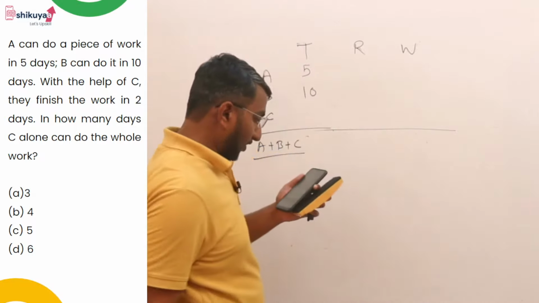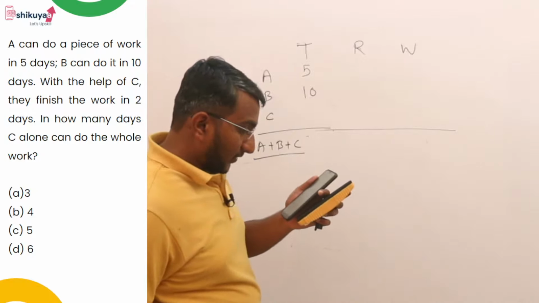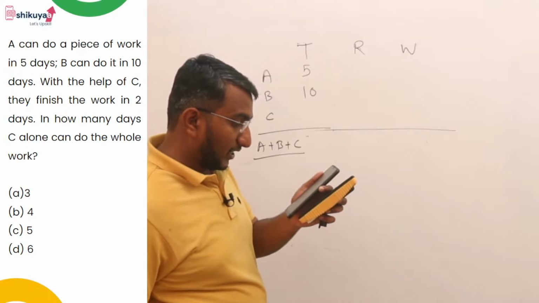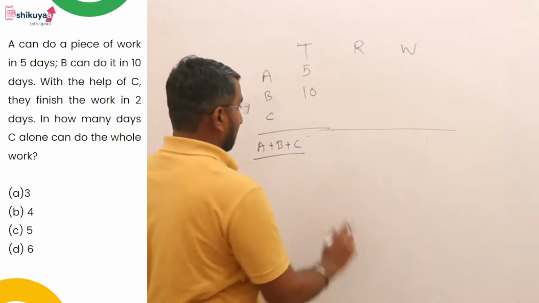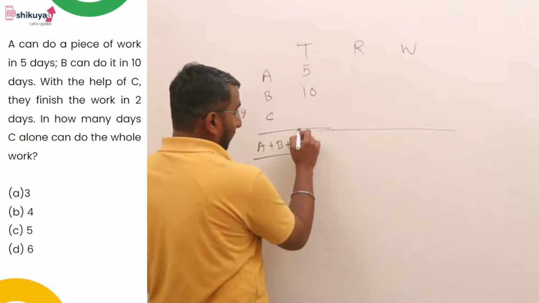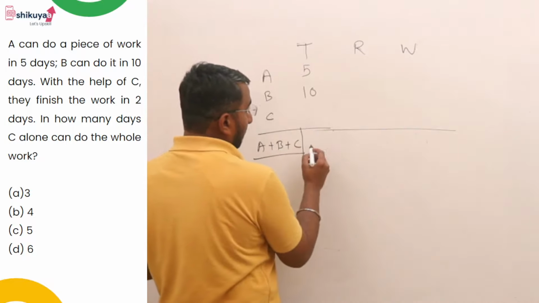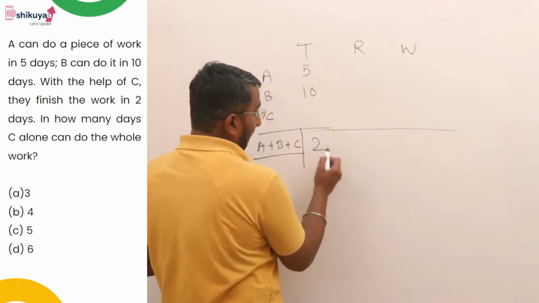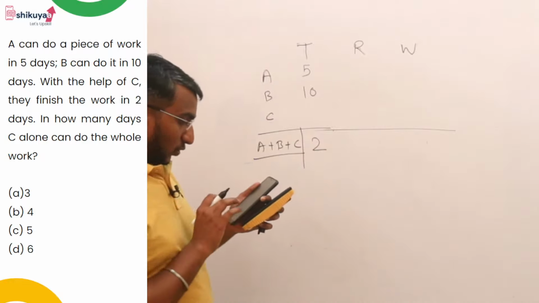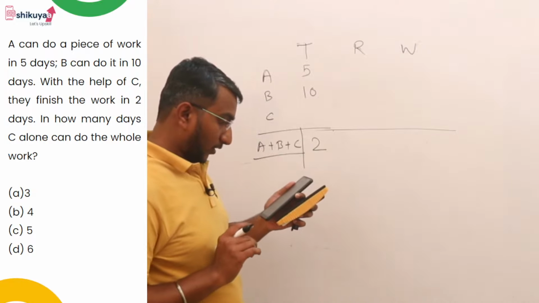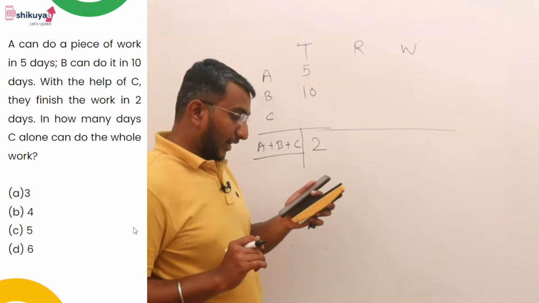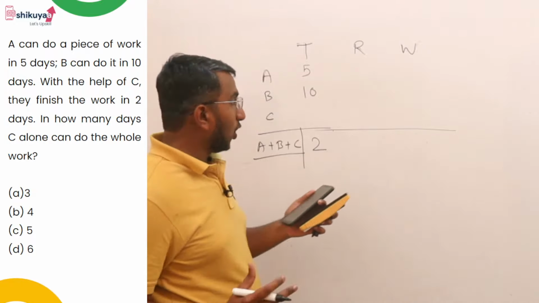C they haven't mentioned, and with the help of C, they finish the work in 2 days. Means when A, B and C, these 3 people together are working, they can complete the work in just 2 days. So what the question is, in how many days C alone can do the whole work?